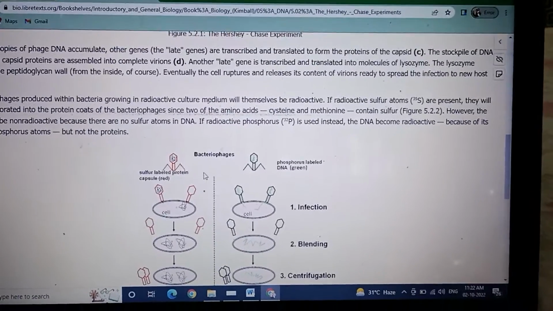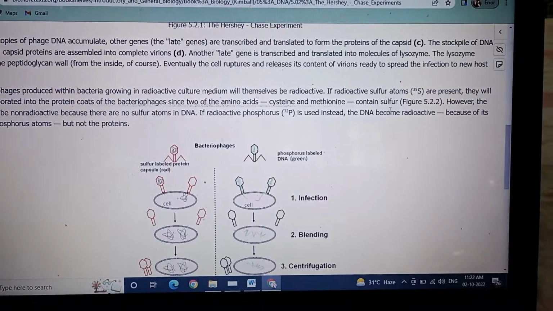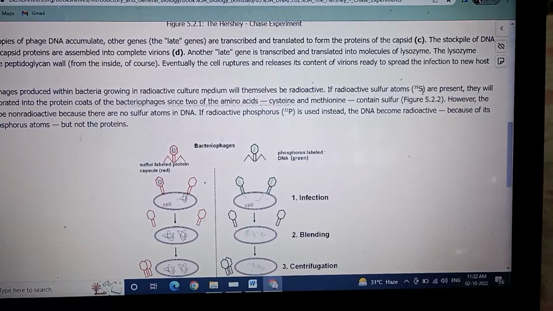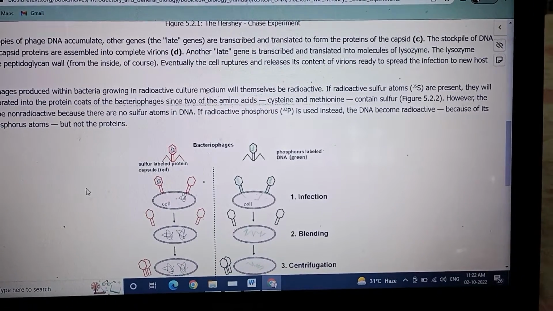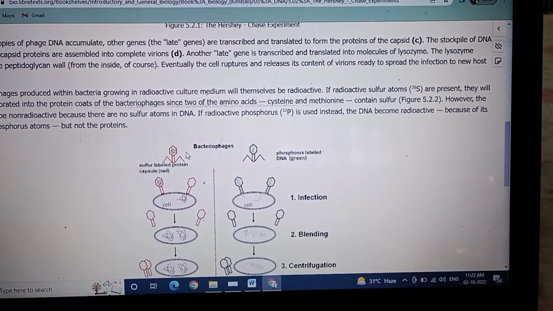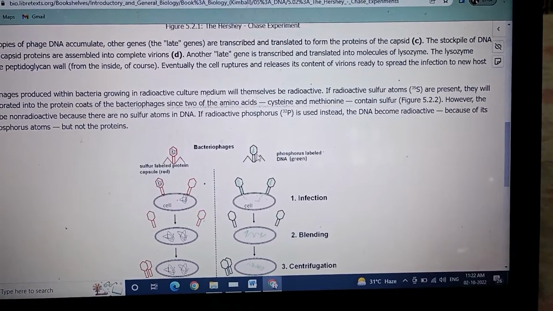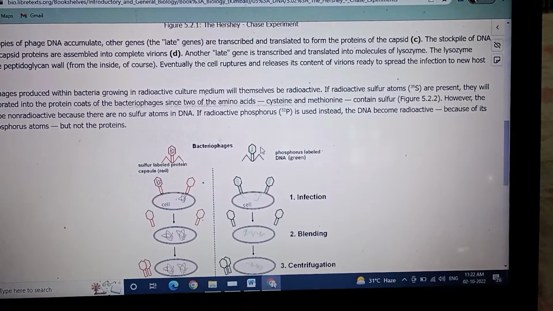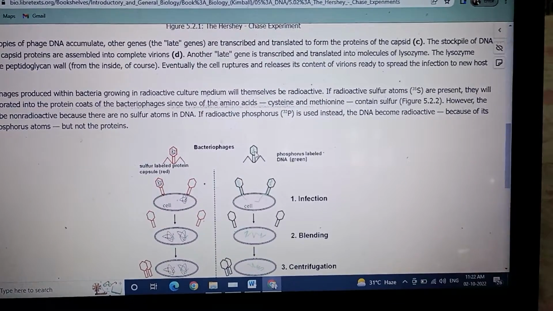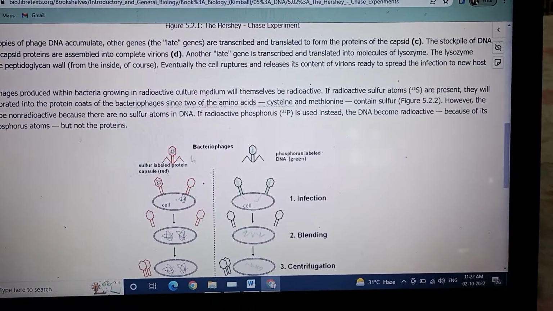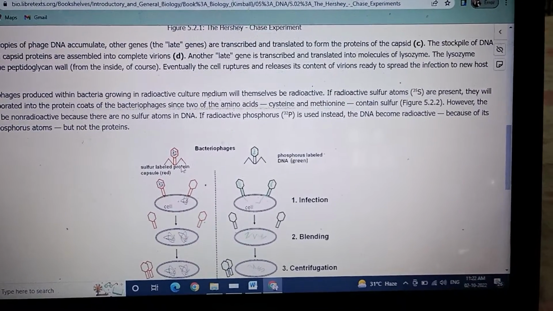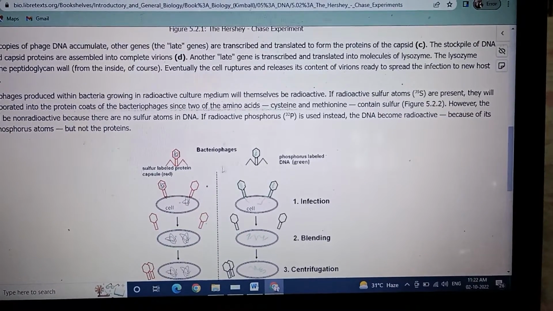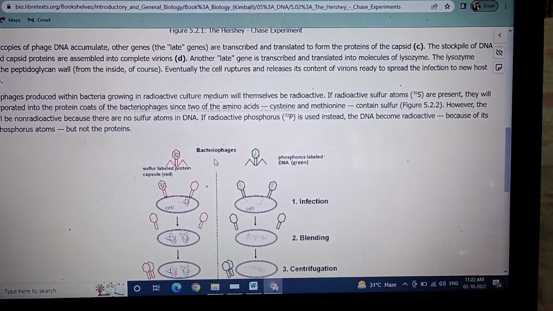They used S35 radio labeled atoms for the phage capsid proteins, and in the case of DNA, P32 radio labeled phage DNA. Here the green one represents phosphorus labeled DNA, and the red one represents sulfur labeled protein. So this is the experimental design.